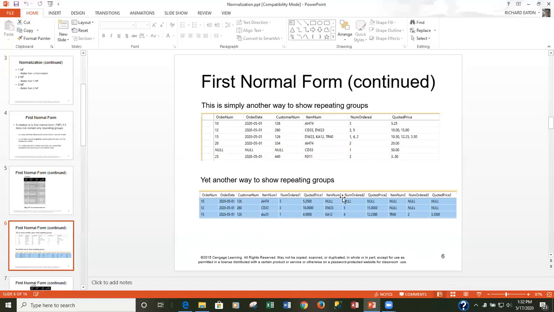And then we have item 2, number ordered 2, quoted price 2, and so on. Doing it this way, we could say, look at this second line here. This particular customer ordered a CD33 and they ordered 3 of them. Number ordered 1 is 3 and quoted price 1 is 10.